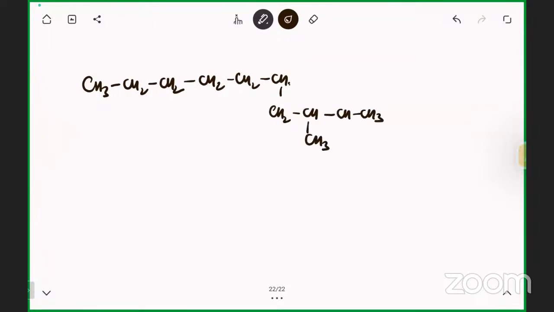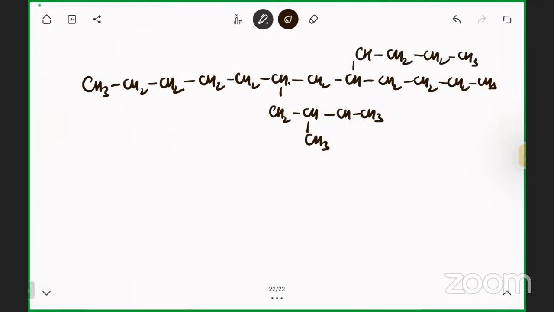Here CH3, then CH2, CH, CH2, CH2, CH2, CH3. 1, 2, 3, 4, 5, 6, 7, 8, 9, 10, 11, 12, 12 carbon there. 2, 3, 4, 5. Here we have to add CH, CH2, CH2, CH3, and here we also have one CH3. Okay, write the name.